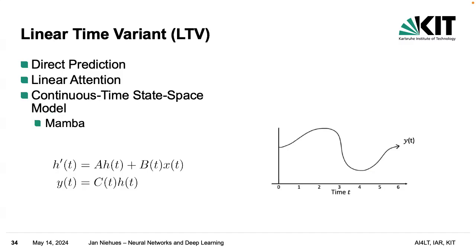So the derivative of h(t) is A times h(t) plus B(t) times x(t), and the C(t) is the same. So this is the continuous version of what we had before as the discrete version. This type of continuous state space model is, I think, common in physics. And so it's a bit motivating this. And we'll see one specific implementation of that, which is motivated by the continuous one. But of course, then we have to again go to the discrete version, because we have discrete values and have to deal with discrete.